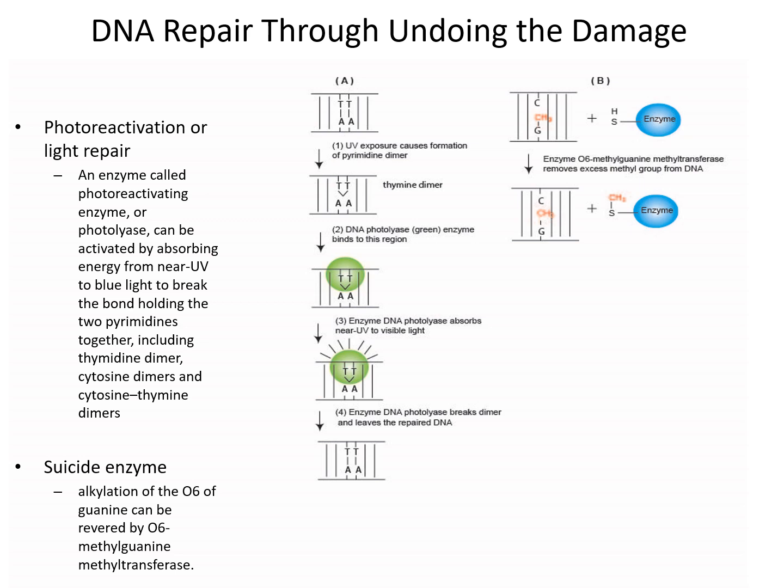Then it can remove the methyl group. Once it removes the methyl group, the enzyme becomes inactive. That's why it's called a suicide enzyme. That's DNA repair through undoing the damage.